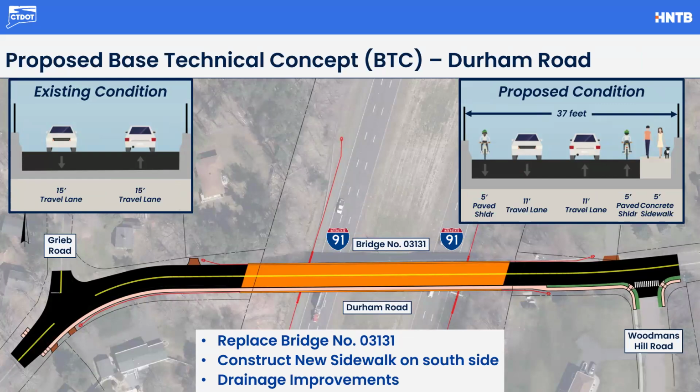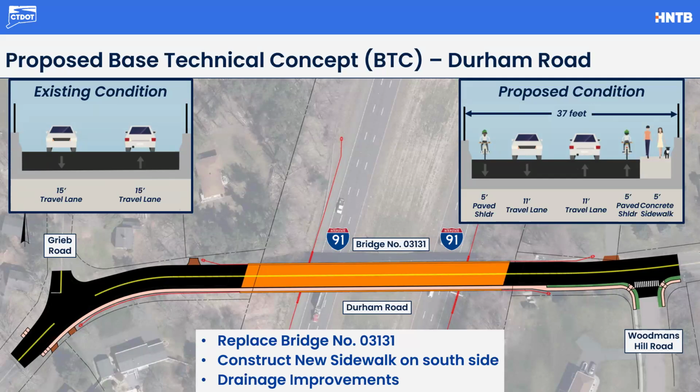Finally, on Durham Road, the existing condition is a slightly narrower bridge with one travel lane in each direction. And we are widening the structure to include the 5-foot wide paved shoulders, as well as a new 5-foot wide concrete sidewalk on the south side of Durham Road.